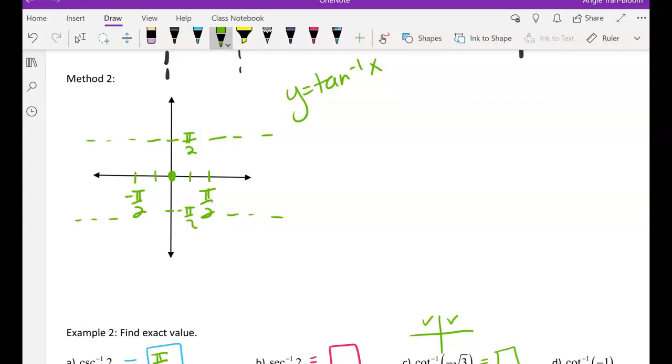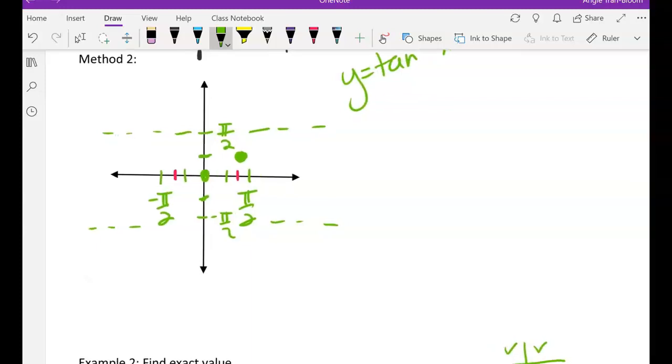How about one more dot? 1, pi over 4. So 1 pi over 4 is halfway, so there you go. Perfect, good job. One more dot for tangent inverse. Negative 1, negative pi over 4. That's right. So this is your tangent inverse. You still have it in your notes packet, okay?